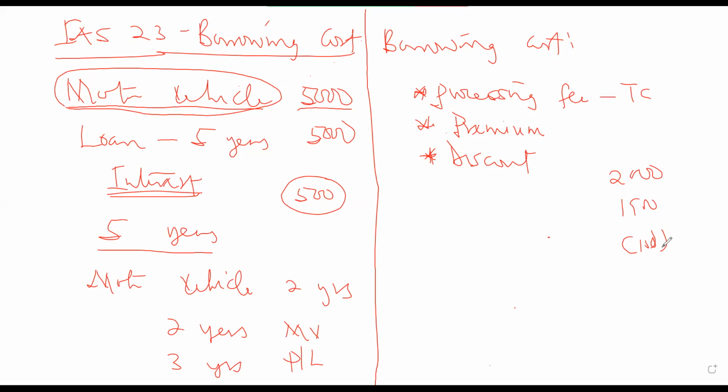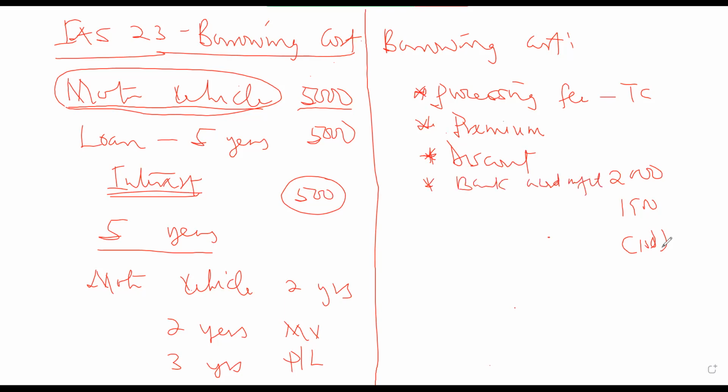You can also be given a loan that if you are going to pay for the loan, you are going to pay at a premium. That particular premium is also a borrowing cost. Okay. Bank overdraft can also be a borrowing cost.